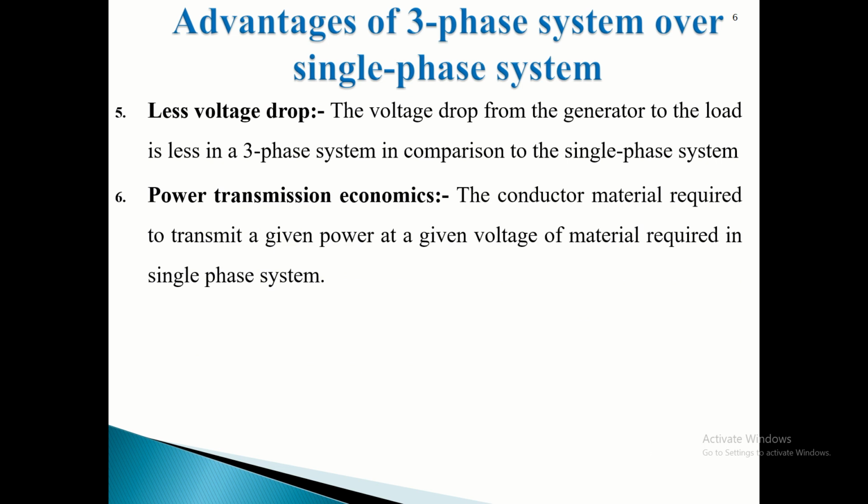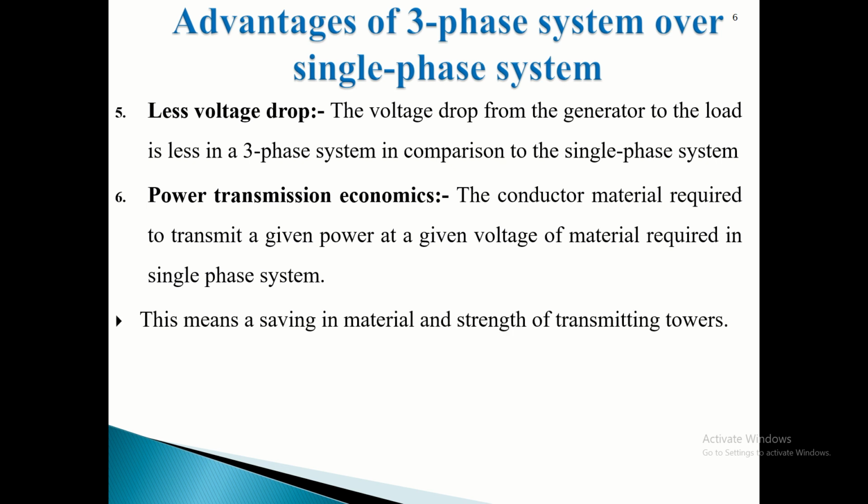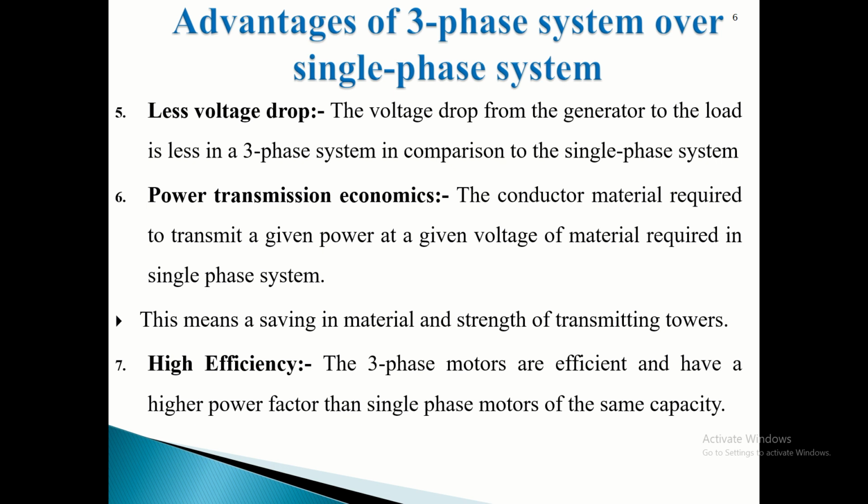The voltage drop from the generator to the load, or we can say source to the load, is less in a three-phase system in comparison to the single-phase system. Power transmission economics, as we saw, three-phase requires less material, so there is a saving in material, so there is less strength required for transmitting towers. High efficiency. The three-phase motors are efficient and have a higher power factor than single-phase motors of the same capacity.